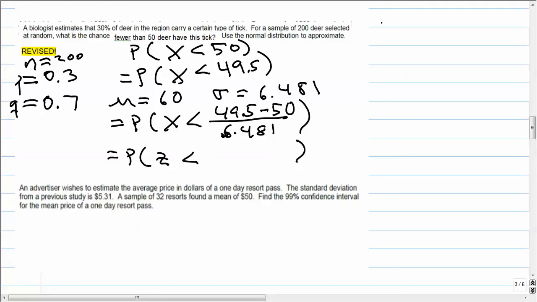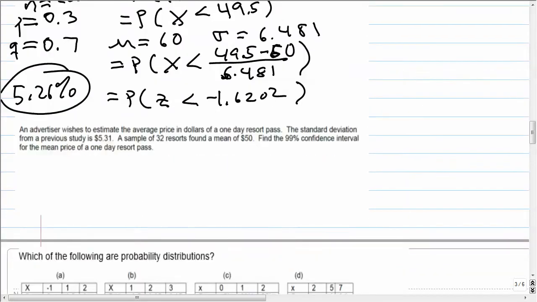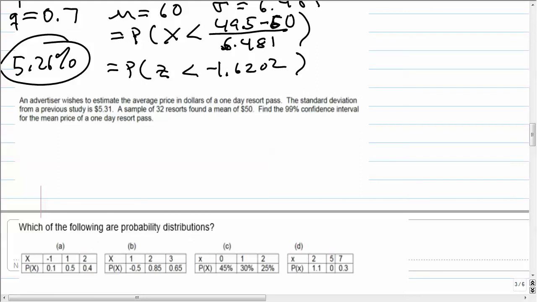Okay, I'm good here, except this is a 60. I caught myself there. All right, this comes out to be a negative 1.6202. And again, if you look it up in the Z table, you're going to get an answer which is about 5.26%. Okay? That's your answer. All right, moving on. And then I'm going to stop here and then create a second video, part 2.